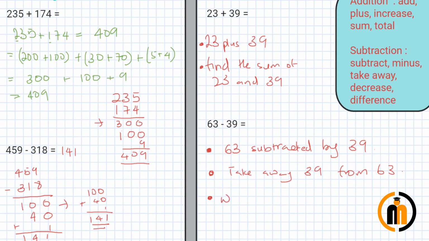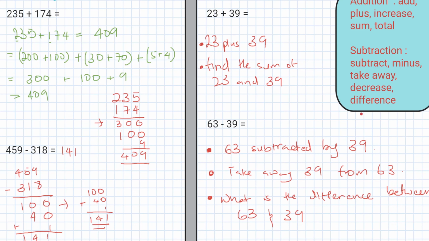Or what is the difference between 63 and 39? So please note these words. These are a few vocabulary words that you should try to memorize and understand, so when you read questions or worded problems in the future, you will know what operation you must do.